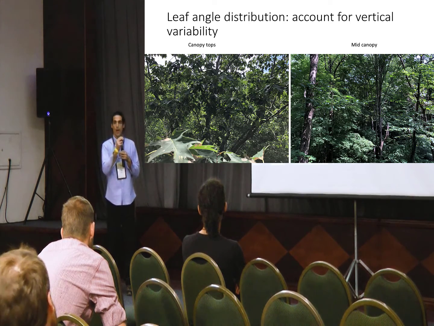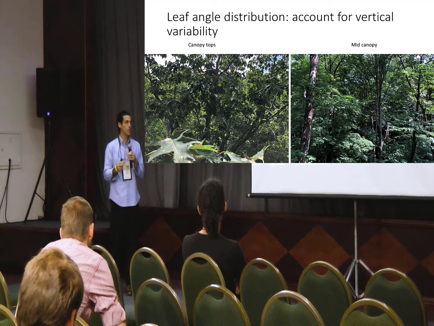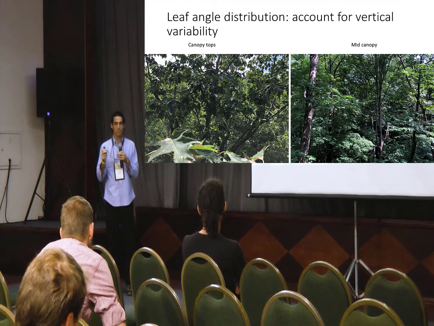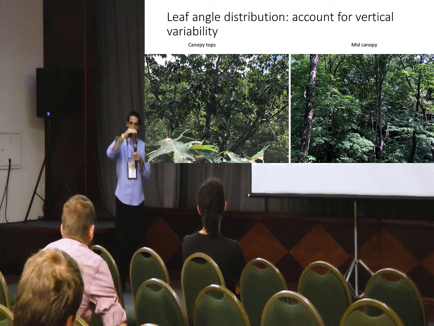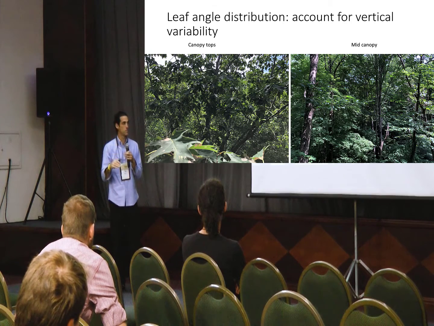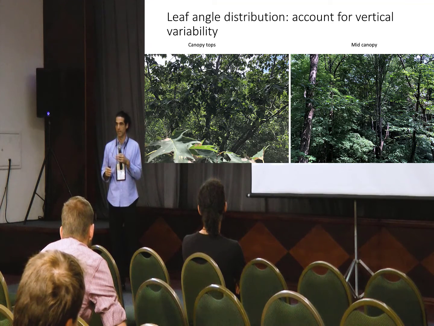And I'm taking this note here to encourage people, if you're looking at leaf area density, and especially mapping it, to go up the tower and take photographs vertically, because leaf angle distributions in some forests, not all, change a lot with height.